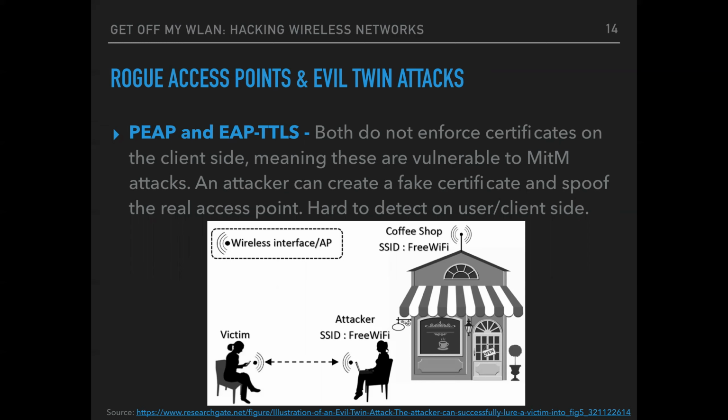The attacker created a fake access point spoofing the coffee shop's Wi-Fi with the same ESSID name. And since the attacker's access point is closer, the victim device will connect to the attacker's access point instead of the coffee shop's access point. And so this is where the man-in-the-middle attack occurs.